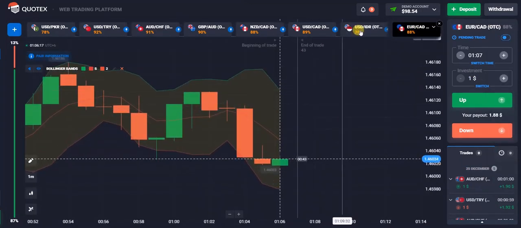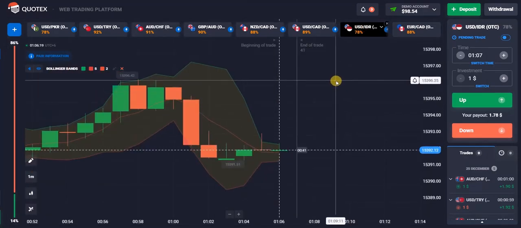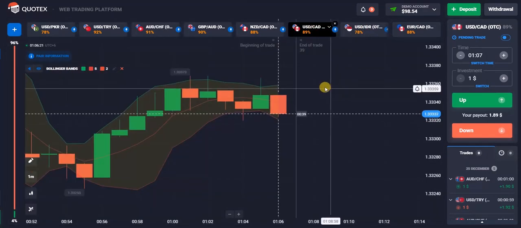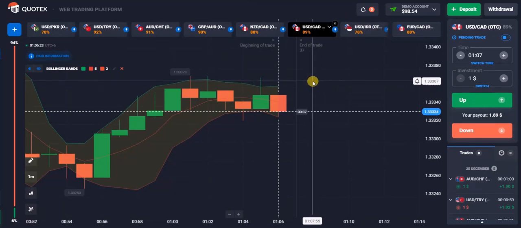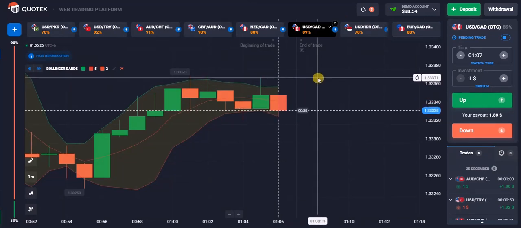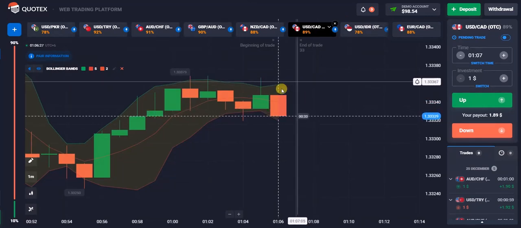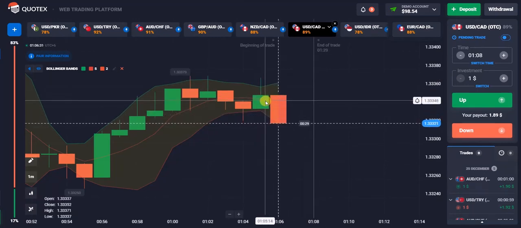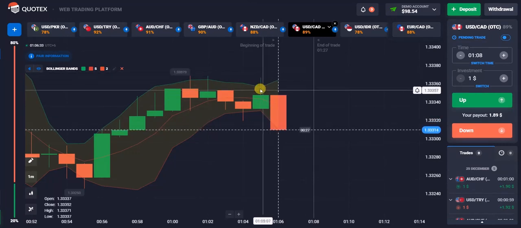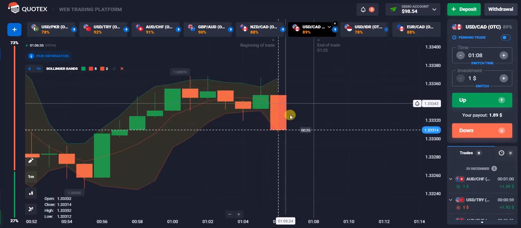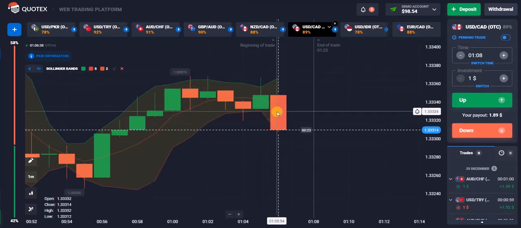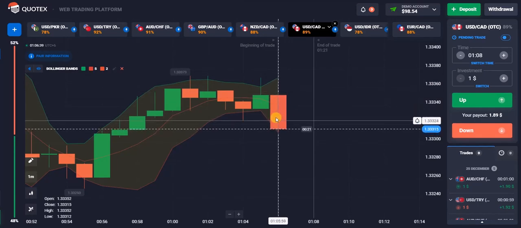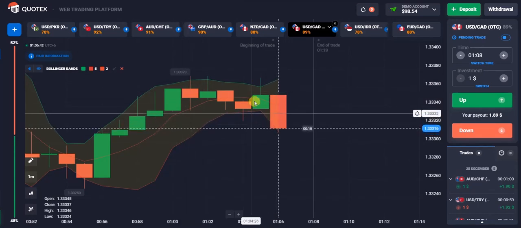Okay, let's see if we can find another opportunity. Here you can see that this green candle has touched the upper line, and there is a big red candle, but we are not going to take this trade.